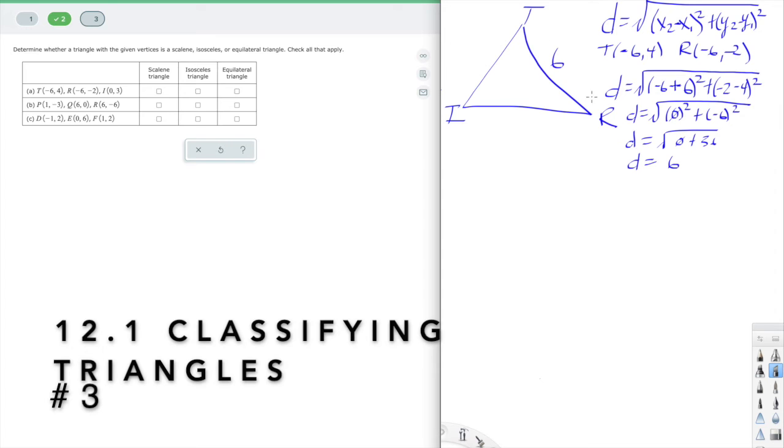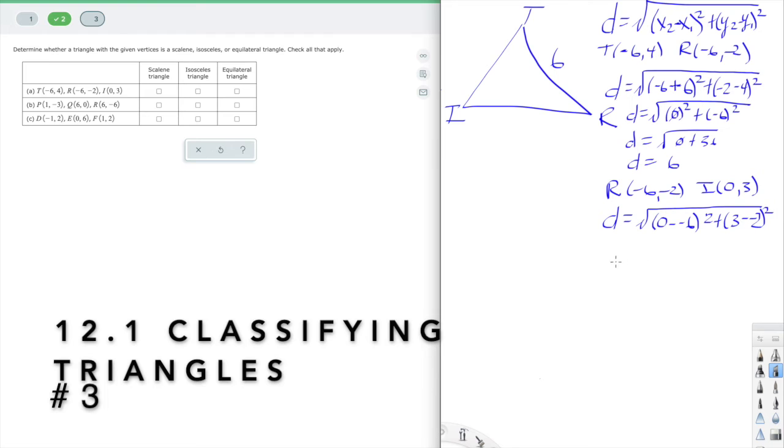Now I'm going to go RI. R is -6, -2, and I is 0, 3. So I have the distance equals 0 minus -6 squared plus 3 minus -2 squared.